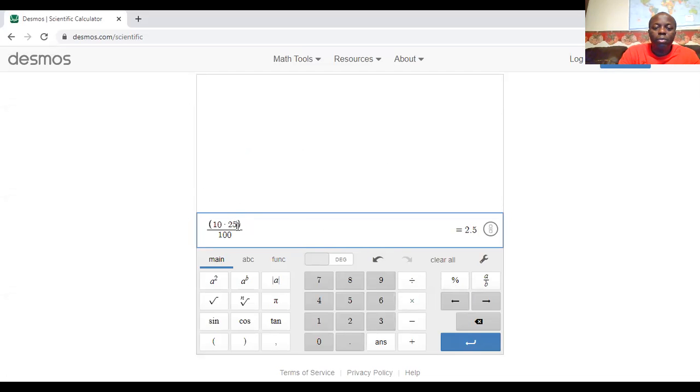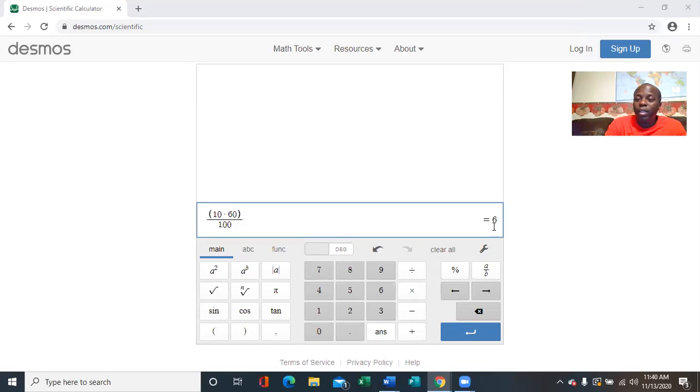I'm going to change this to 60. So you get a 6, which doesn't have a decimal part. This is very important. When it gives you a number that does not have a decimal part, that means you have to go one step further. Like here, it is a 6.